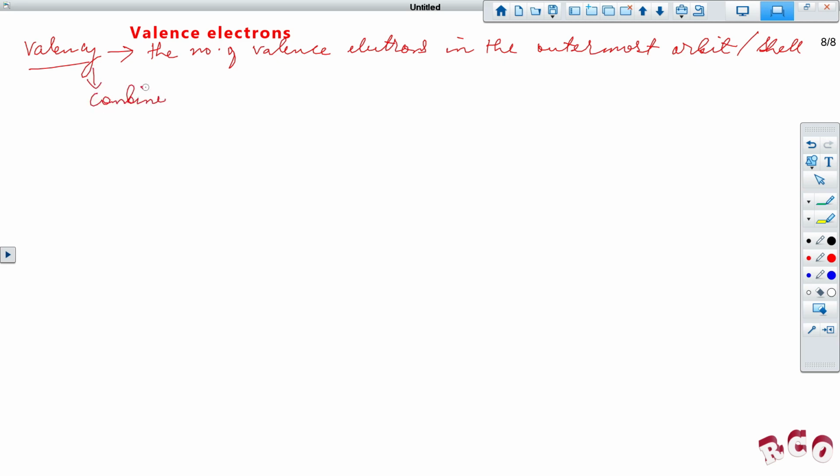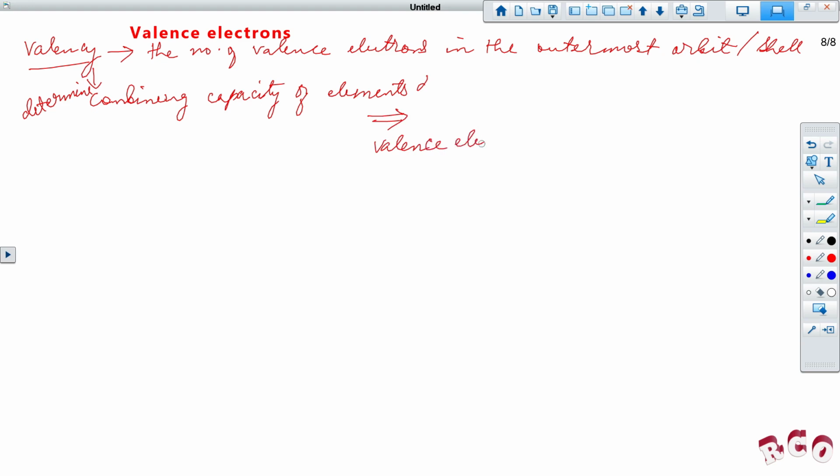It determines the combining capacity of elements. So that means it depends upon valence electrons.